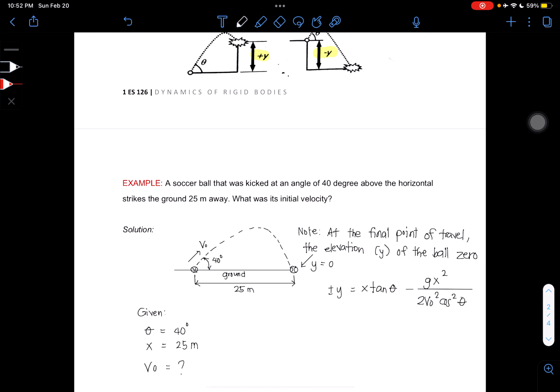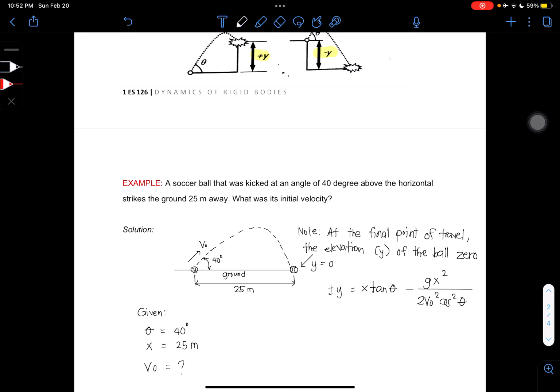Which formula did we use just now, ma'am? We used this because of the given: we have x, we have y, we have angle theta, and we have our unknown, the initial velocity.